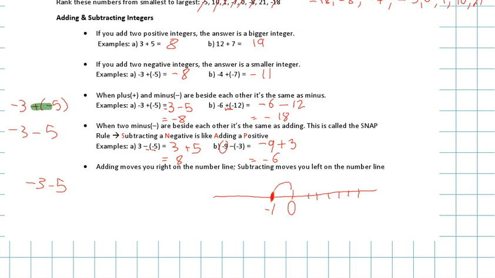But if you're subtracting, you move to the left. In this case, if you're moving to the right, you're adding 5. If you're moving to the left, you're subtracting 5.